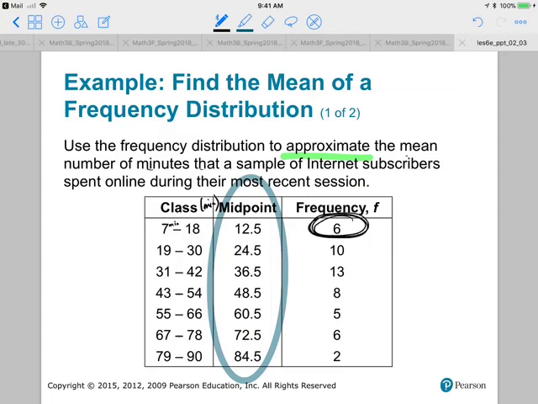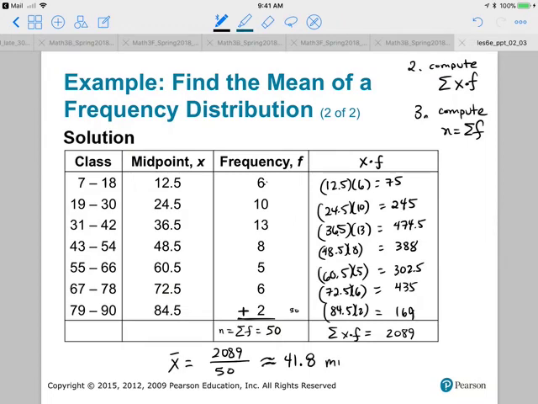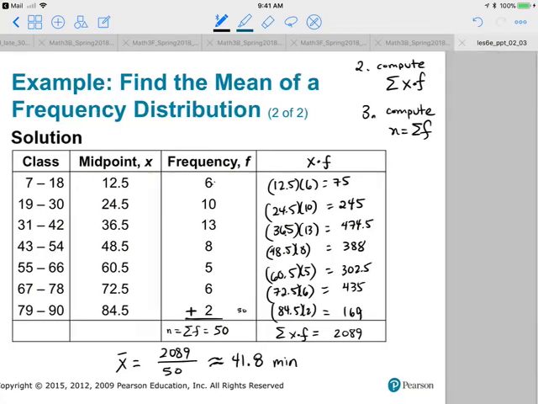They had 6 people online somewhere between 7 and 18 minutes, and 10 people between 19 and 30 minutes. No one was online more than 90 minutes. So the average length was 41.8 minutes.